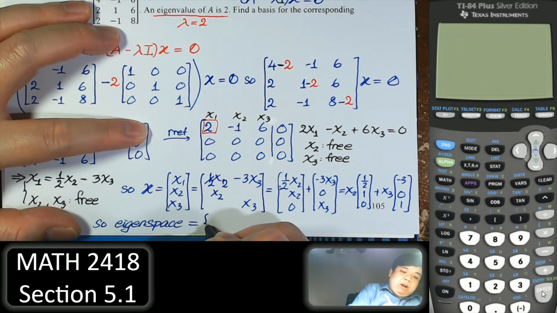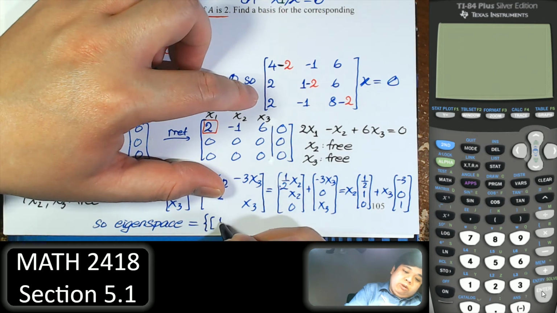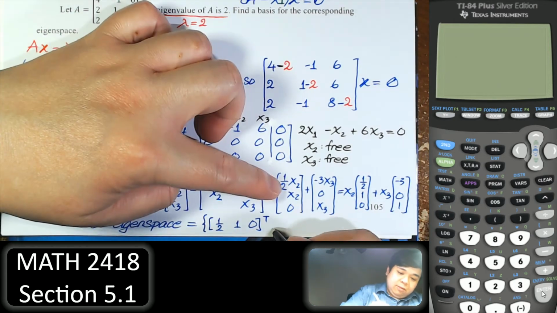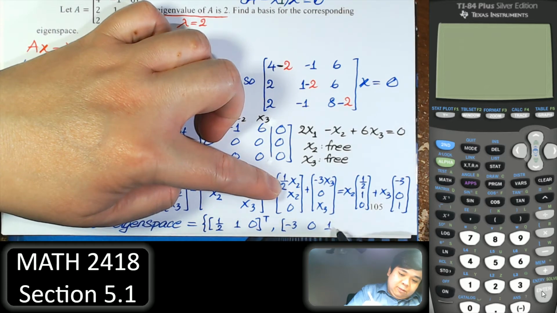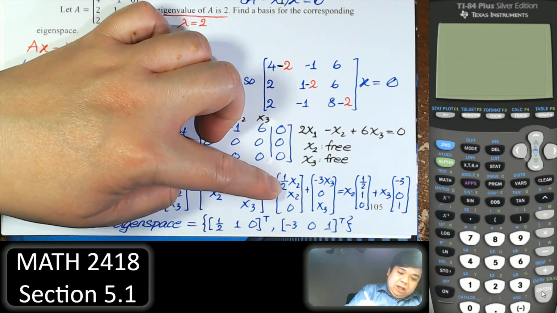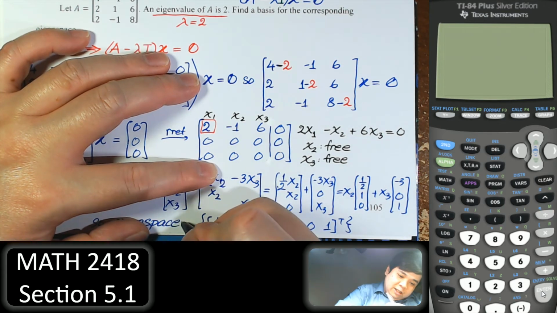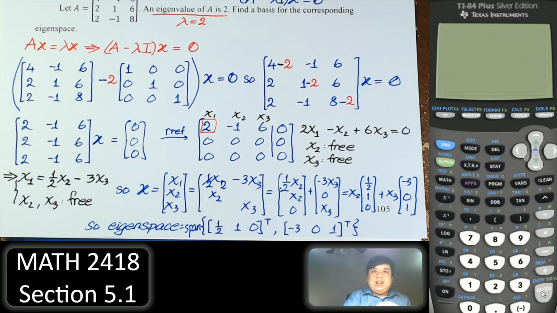Usually when we run out of space and cannot write a column, we write a row, but then we transpose it.